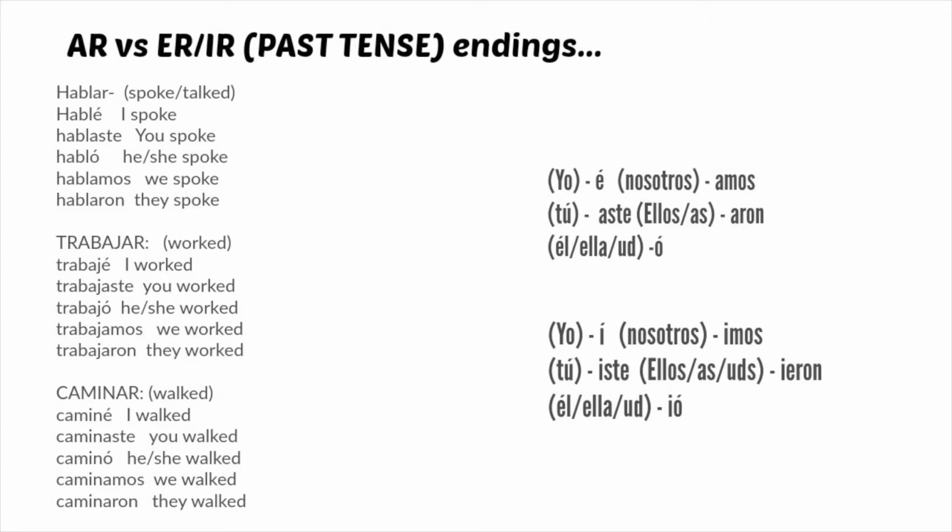So go up under, you see trabajar, which is to work. I put in parentheses worked. So trabajé, I worked. Trabajaste, you worked. Trabajó, he or she worked. Trabajamos, we worked. Trabajaron, they worked. You notice that trabajamos is the same in present and past tense, okay? So if you say trabajamos juntos, obviously that's we work together.